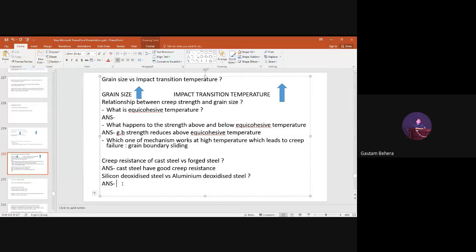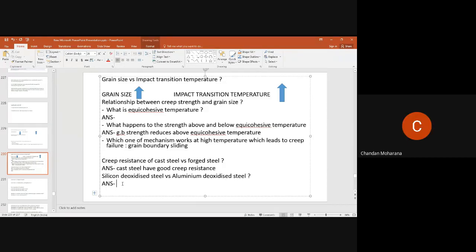Just think of it. If you add aluminium into the steel containing oxygen, what kind of product will form? The moment you add aluminium into the steel containing dissolved oxygen, what will form?